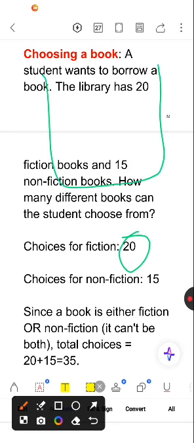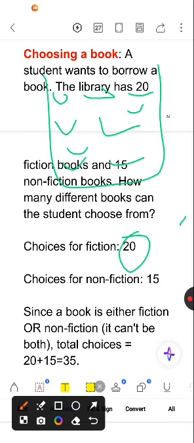Let's say these are the books, different fiction books on different imaginary stories. There are 20 possibilities of selecting maybe a fiction book on animals, a fiction book on plants, and a whole lot of other stuff. And when it comes to non-fiction books, there are 15 possibilities.